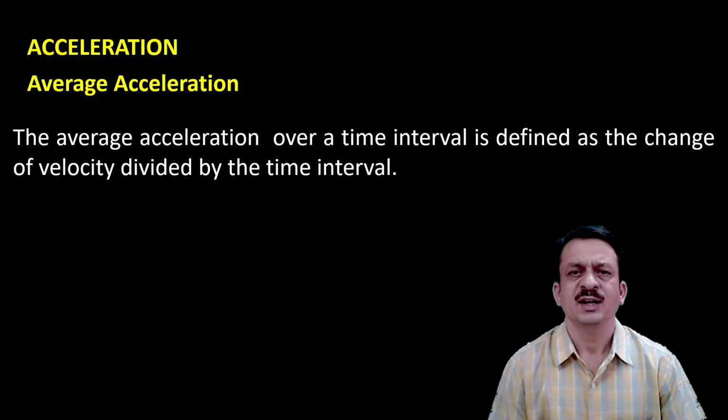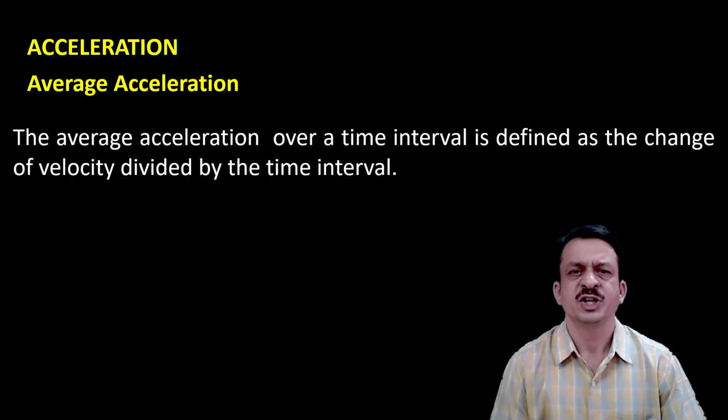Now we will write the mathematical expression for average acceleration. Let us consider t1 is the time at which the velocity of the particle is v1. Let us take it as the initial velocity. And after some time, that is t2 seconds, the velocity of the particle becomes v2. v1 is the initial velocity and v2 is the final velocity.